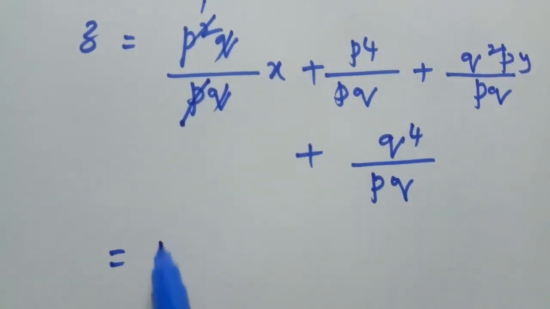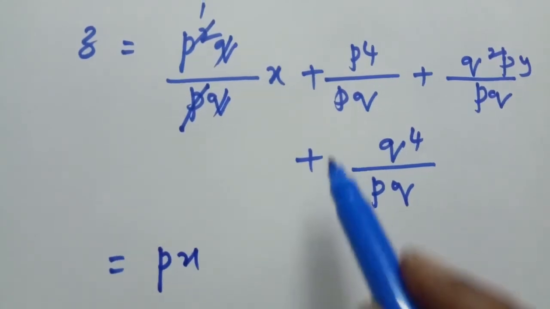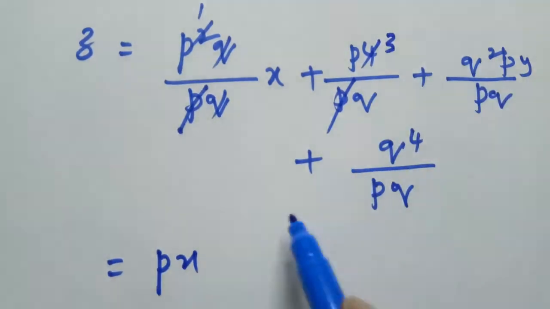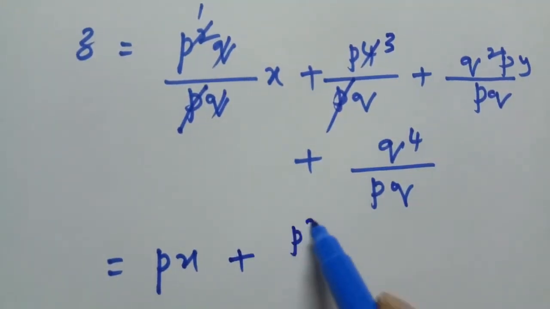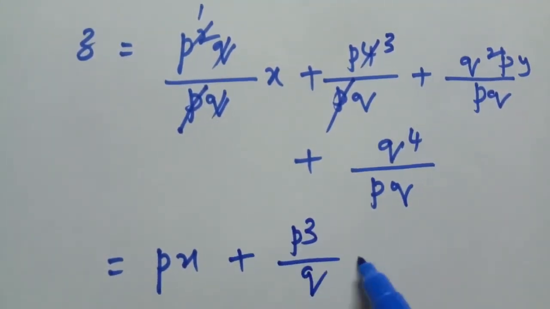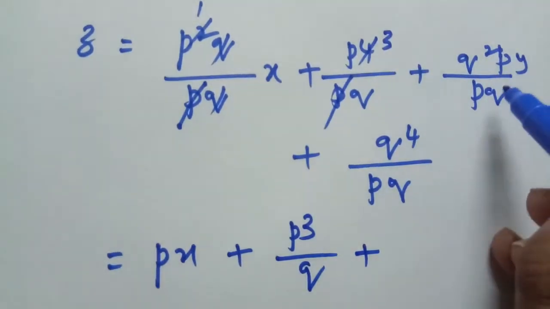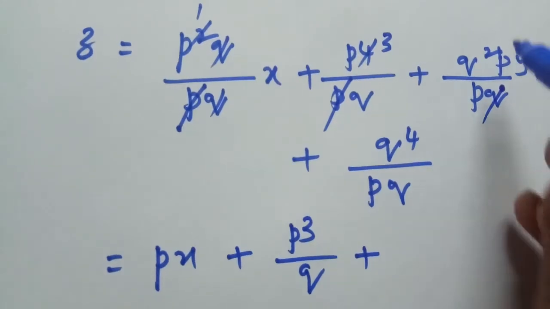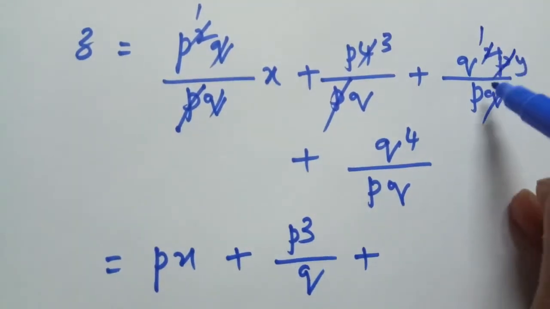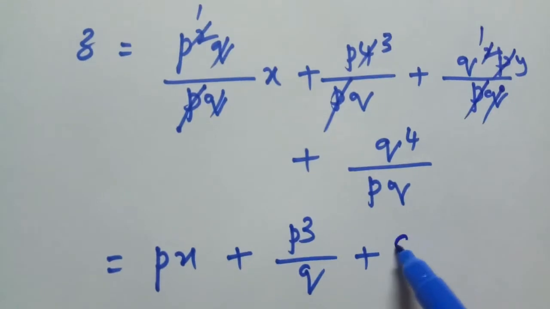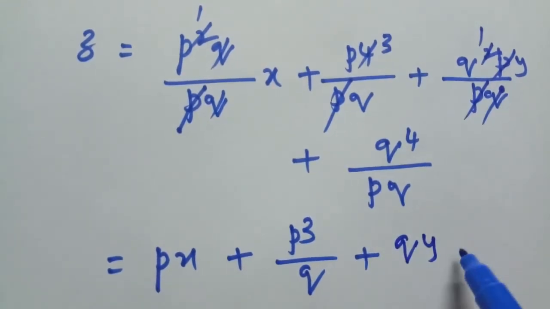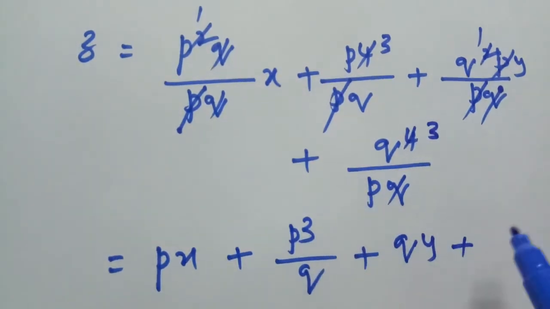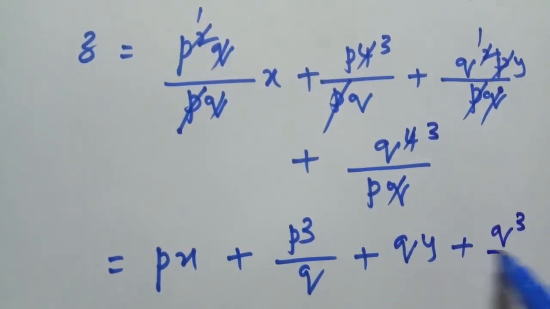Therefore, this becomes px. Here p cube by q plus here q and q square, q power 1 is remaining, p and p cancel, q into y, plus here one q cancels, q cube is remaining, q cube by p.